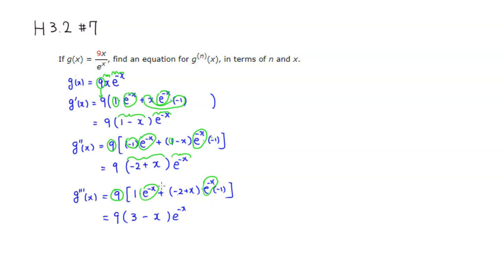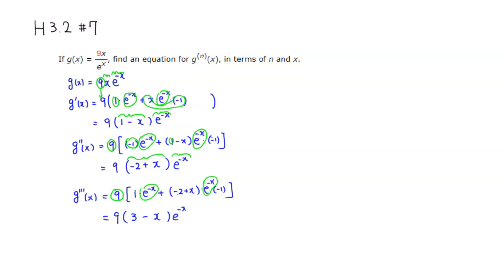So it seems like we always have 9 in front and always have e to the negative x at the end. And looks like first derivative we have 1, second derivative we have 2, third derivative we have 3. So it looks like this is the same as the number of derivatives, but it actually changes sign.